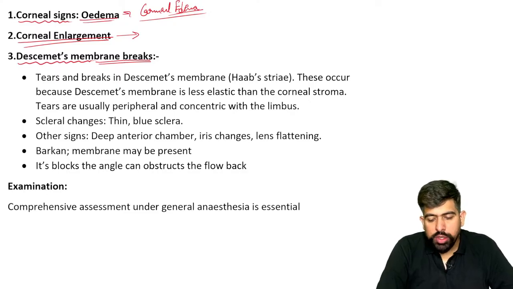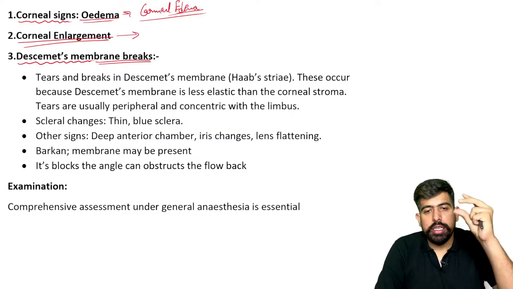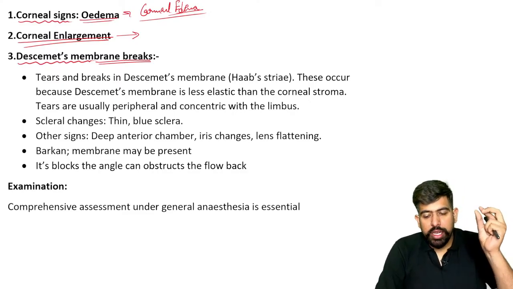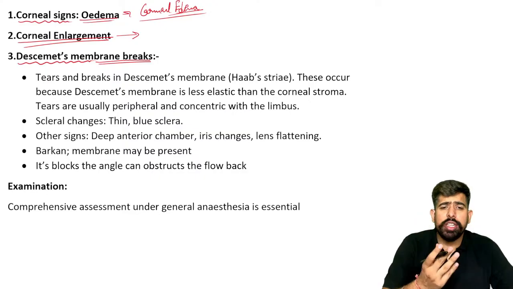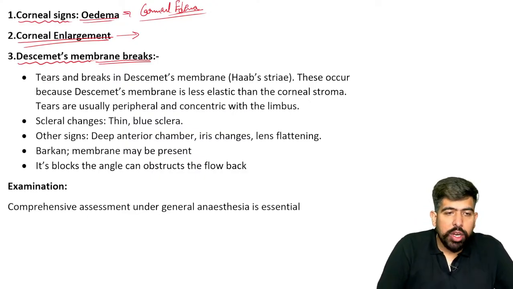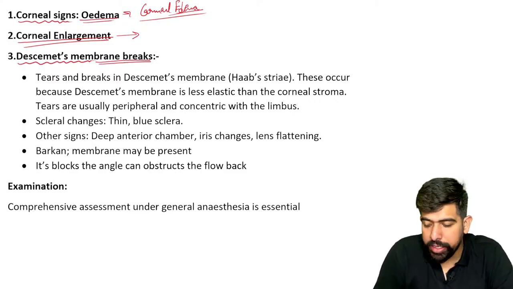In keratoconus also we saw, right, that the curvature was increasing, and due to the increasing curvature, the Descemet membrane was getting tears or breakage or stretch marks over there, right? The same thing is happening here also.